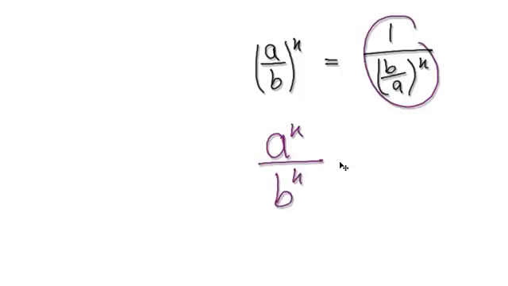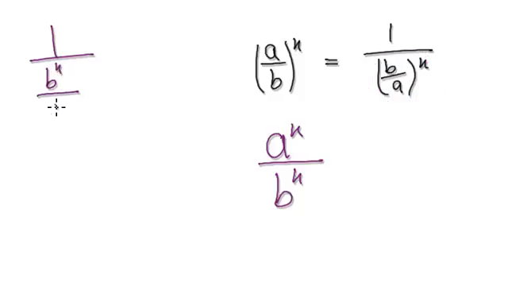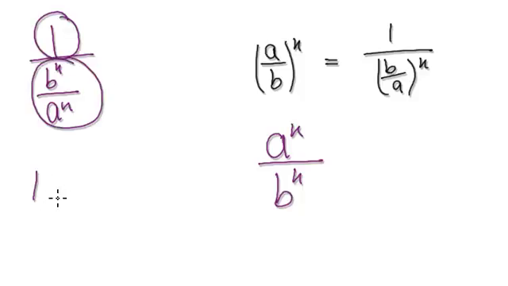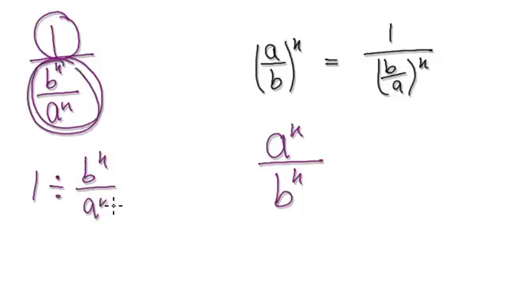And then if you look at this here, you've got 1 over. Let's look at this bit here. So that's the same as b to the power of n over a to the power of n. So you've got one thing divided by another thing. So you've got that number 1 divided by this thing here, which is b^n over a^n. Well, that's the same as times the reciprocal, a^n over b^n.